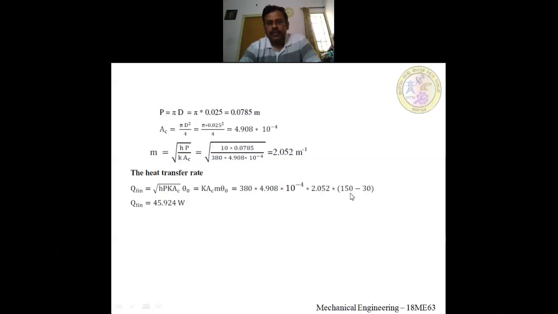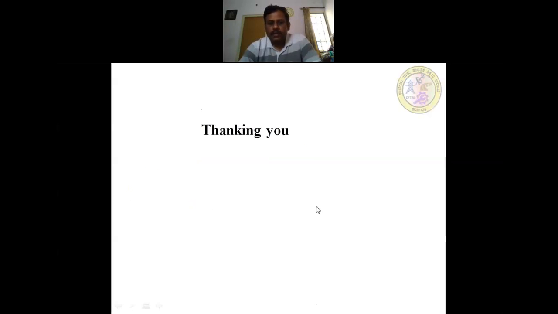T naught is 150, TA is 30. Both of these values have been given in the problem itself, the base temperature and ambient temperature. Substitute, and we are going to get 45.924 watts heat transfer. That's all. Thank you.